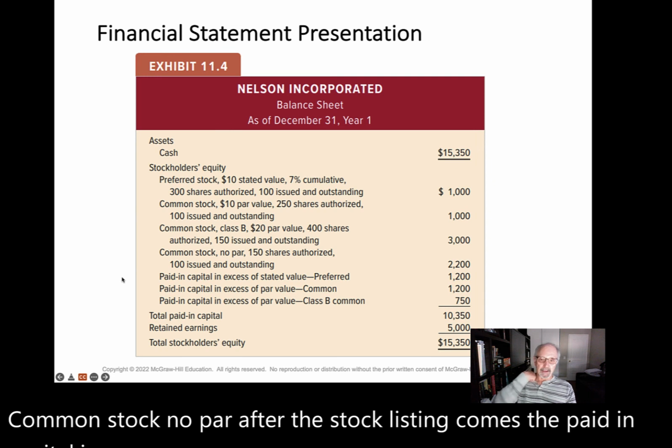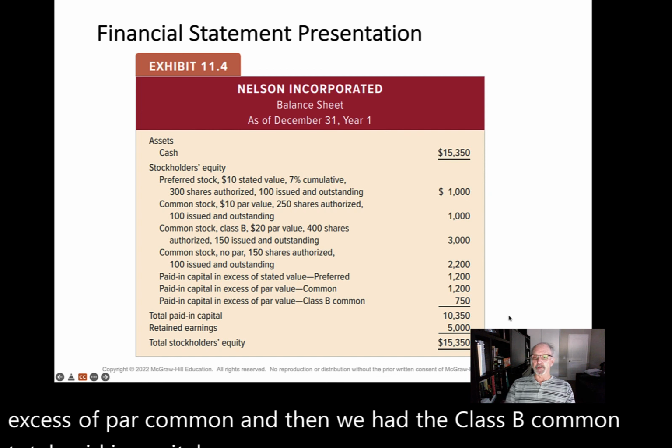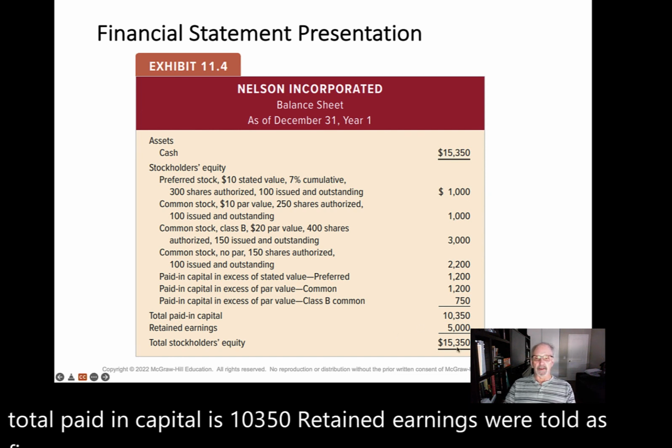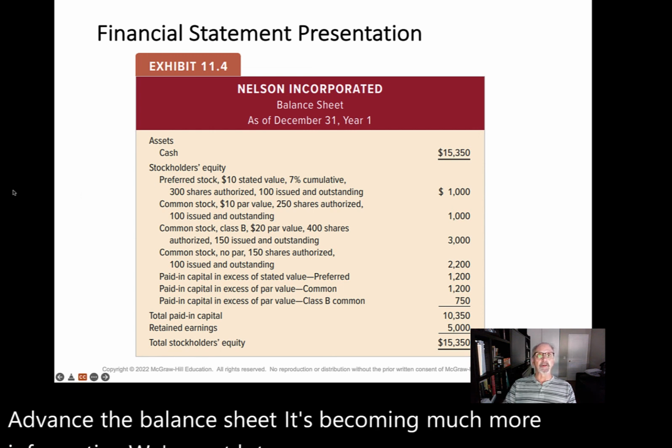So we have stated value preferred, we have excess of par common, and then we had the Class B common. Total paid in capital is $10,350. Retained earnings we're told is $5,000, and we have total stockholders' equity of $15,350. So as we continue to advance the balance sheet, it's becoming much more informative. We've got lots more to work with here.